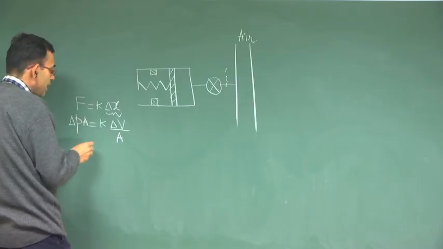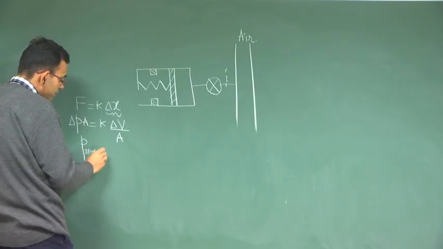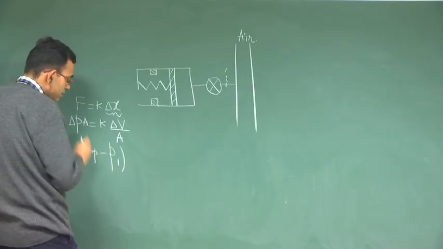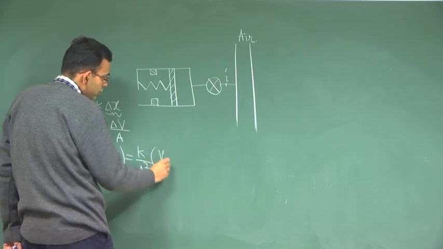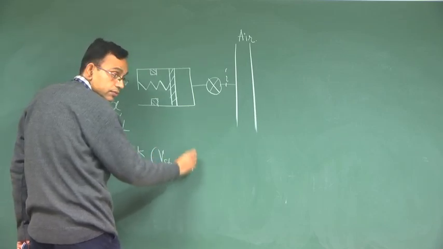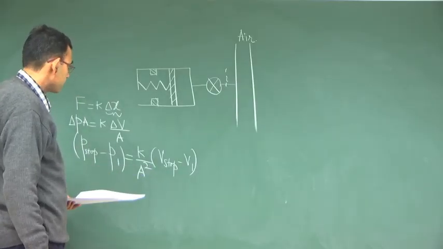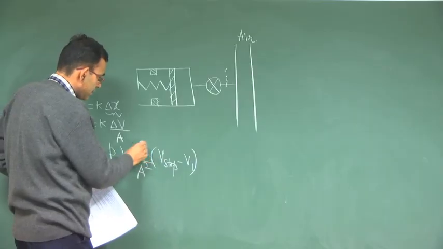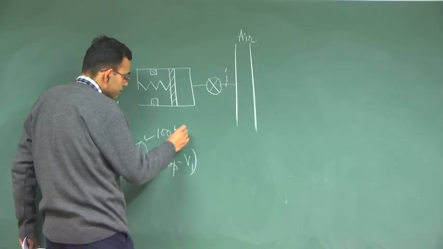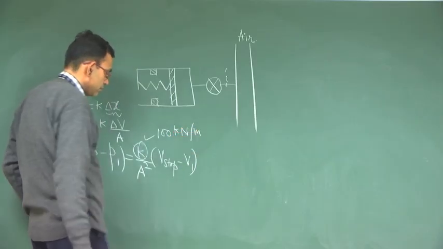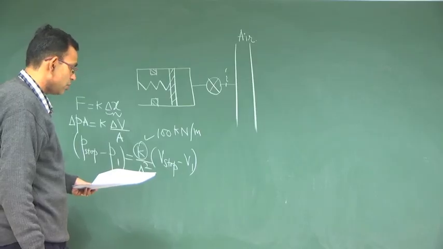So, you can write P stop minus P 1 is equal to K by A square into V stop minus V 1. K is given, the spring constant, this is 100 kilonewton per meter. Cross sectional area is 0.1 meter square.